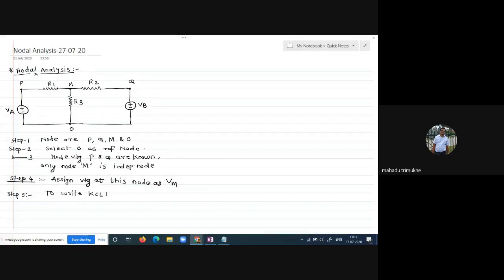There is no problem. You have to assume a current in the circuit in any arbitrary direction. Suppose here I assume the current flowing through R1 is I1. Then we have to assume the current flowing through R2 is I2, or in this direction we have to assume. Okay.